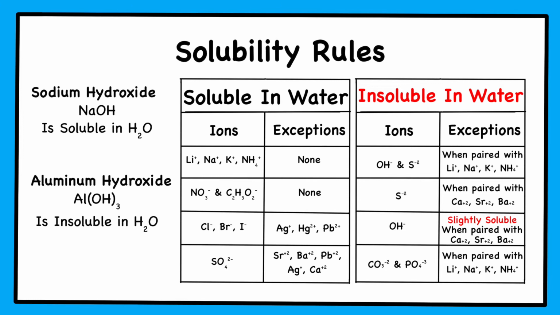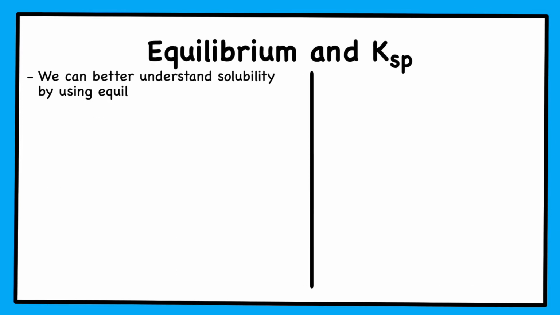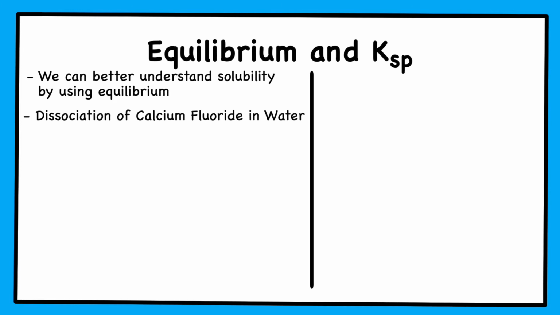We can better understand the solubility of ionic compounds by applying the concept of equilibrium to the process of dissociation. For example, we can represent the dissociation of calcium fluoride in water as an equilibrium equation. In other words, CaF2 solid is at equilibrium with 1 calcium 2 plus cation added to 2 fluorine 1 minus anions.